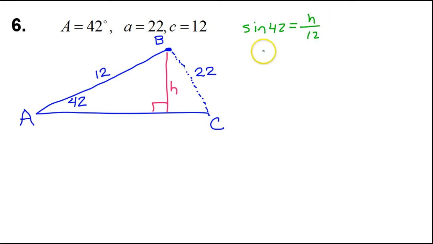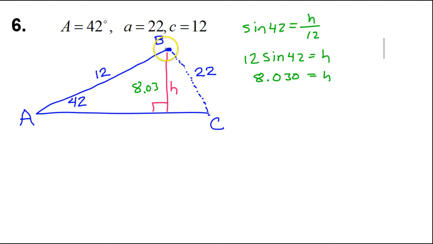Multiplying both sides by 12, I'm going to get 12 sine 42 is equal to this height. And then I'm just going to punch this in my calculator real quick. So 12 sine 42, okay, that's giving me 8.03. Alright, so this is 8.03 for my height.